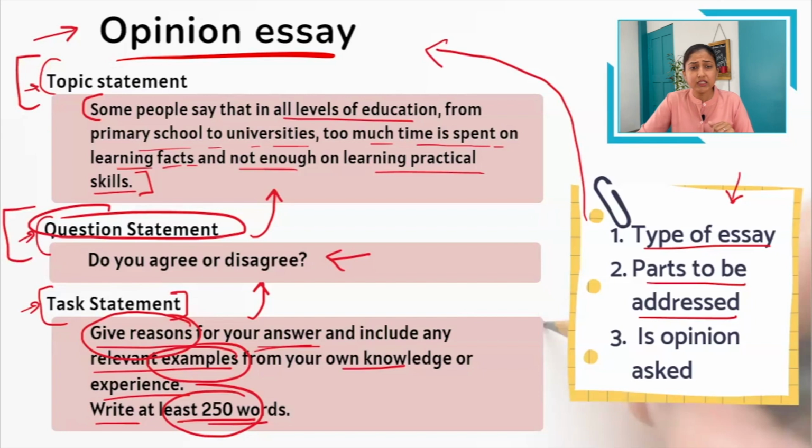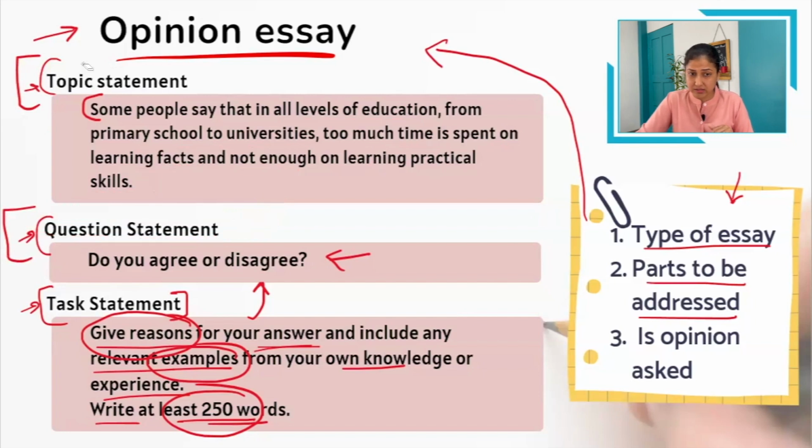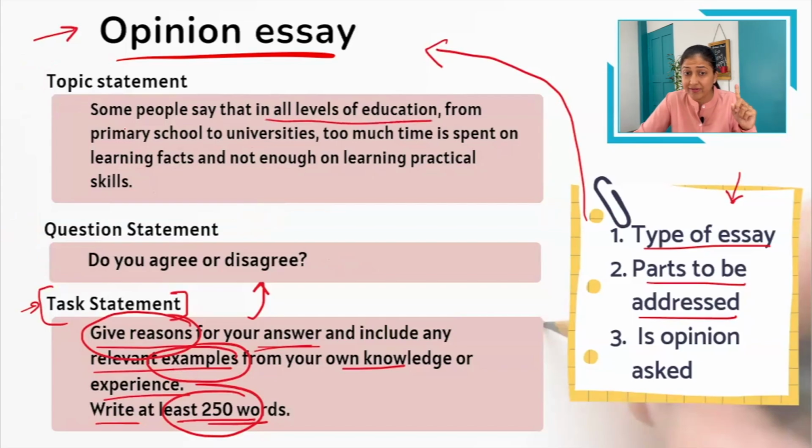Okay. So, in this case, what are the parts that you're supposed to address? Number 1, it says, some people say that in all levels of education. So, I have to make sure that when I am answering, I have to talk about all levels of education. Number 2, it says too much time is spent on learning facts.